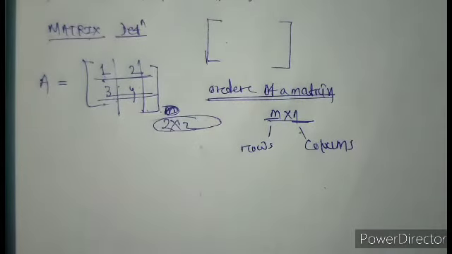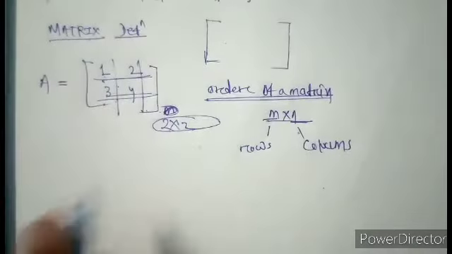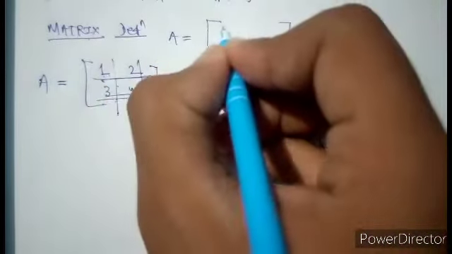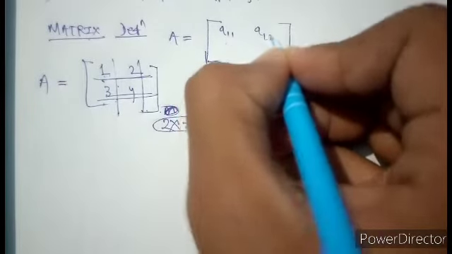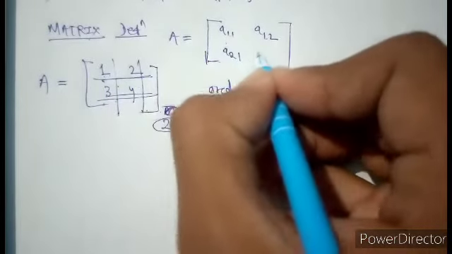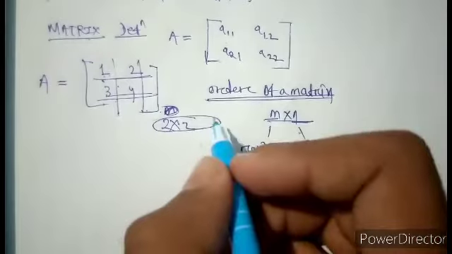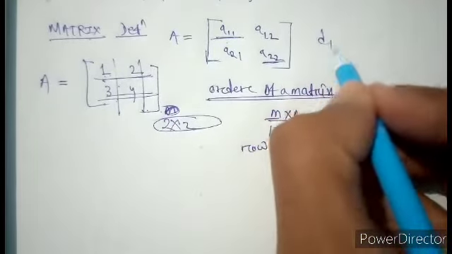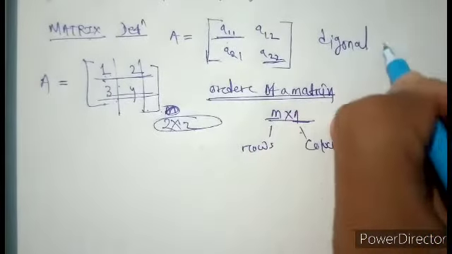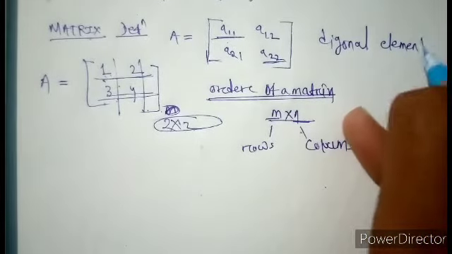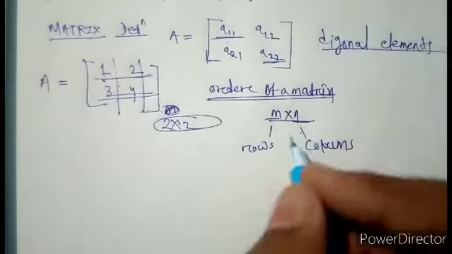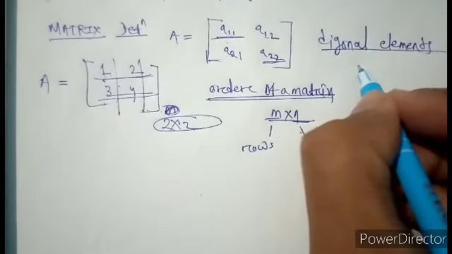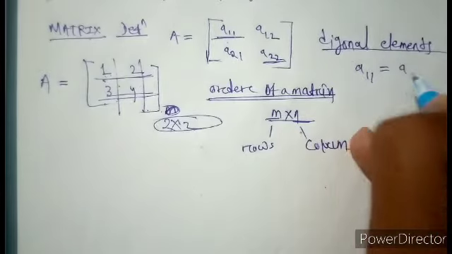Okay, then if we write A is equal to A11, A12, A21, A22, here these two elements are the diagonal elements. How can we say these are the diagonal elements? Here we also use the term A11 is equal to Aij.